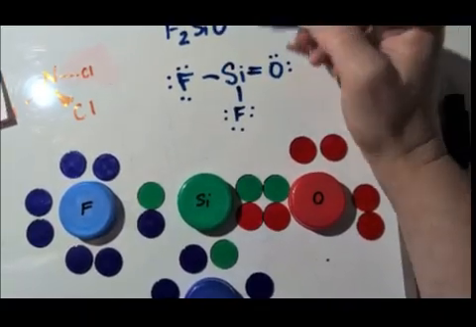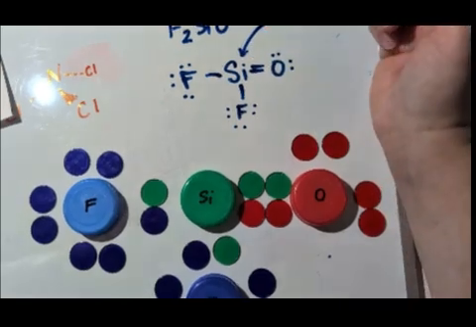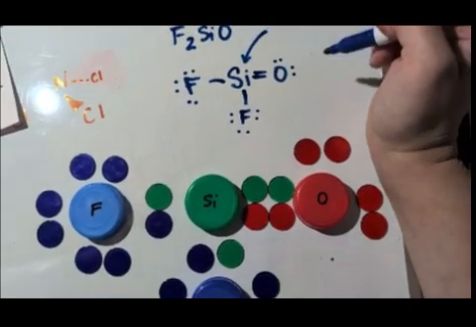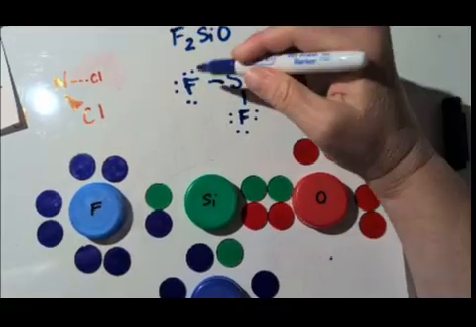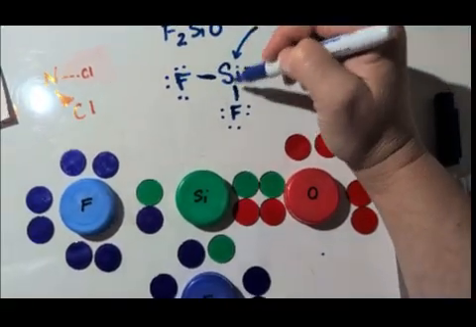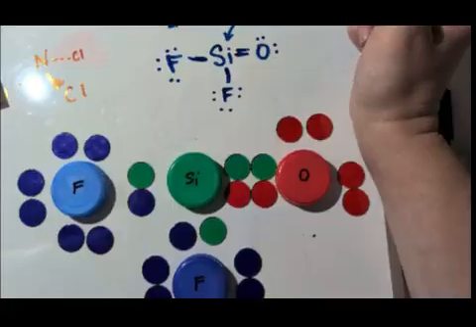So if we look at just the middle one, how many different movable pairs do we have around it? There are only 3. There are these 2 single bonds here, and then there's a double bond here, so it has 3 bonds.